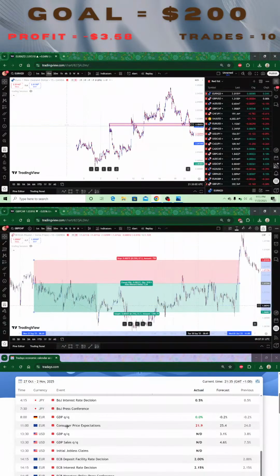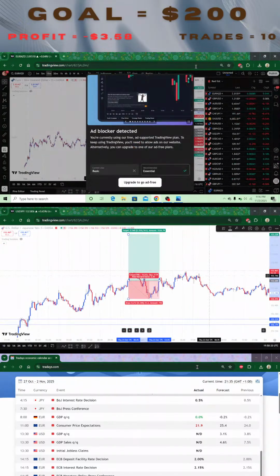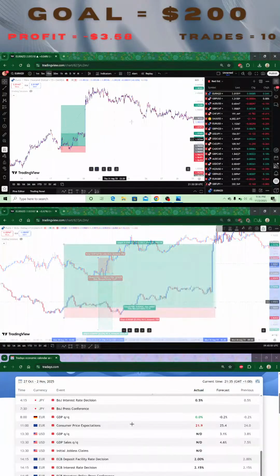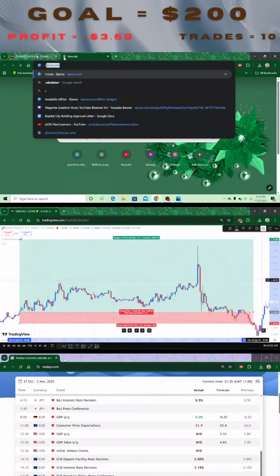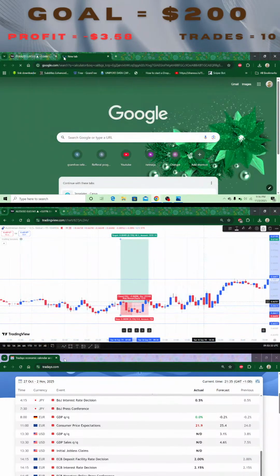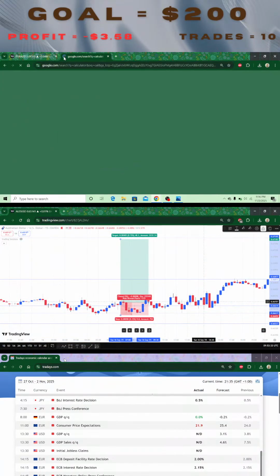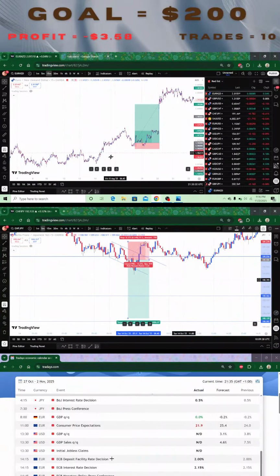Then Euro NZD is all the way back. This is Euro NZD. So let's test our so-called strategy to see. Let's keep our calculator standby when we're testing it.